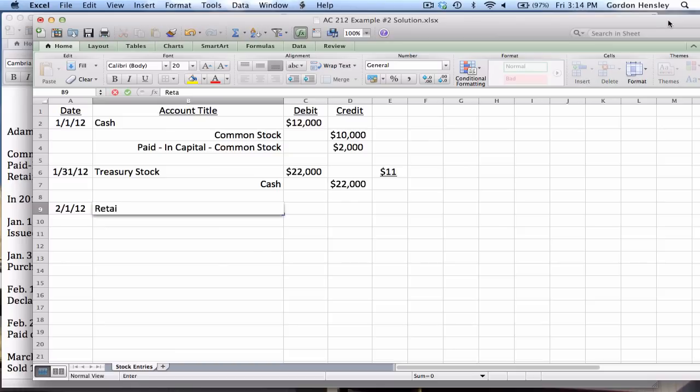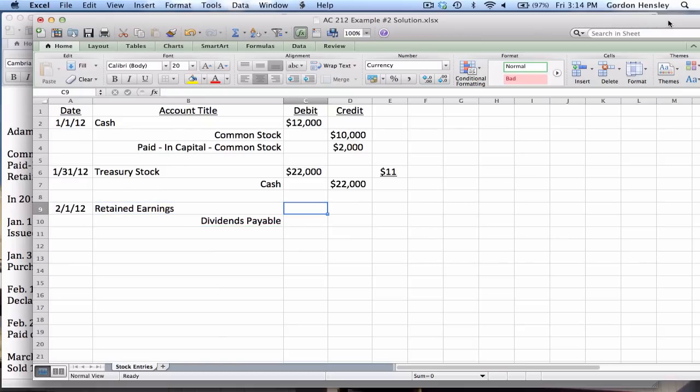The money for dividends comes from my retained earnings. And because I'm simply declaring this and not actually paying for it, that means I'm obligated to pay this. And that obligation is a liability called dividends payable. So that's a pretty standard set of titles on this type of journal entry.